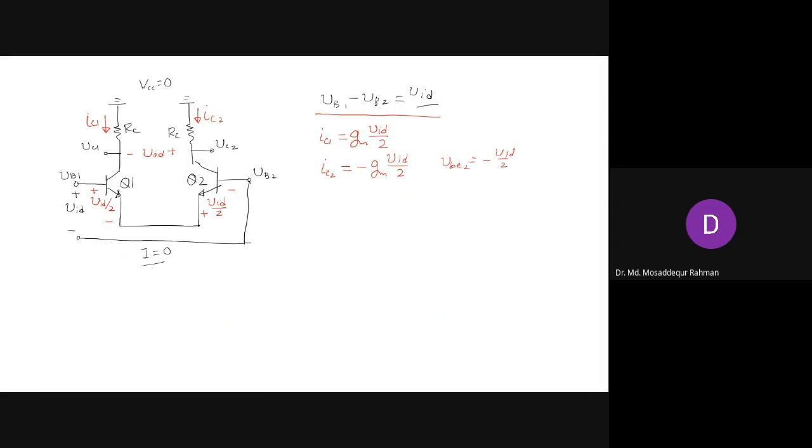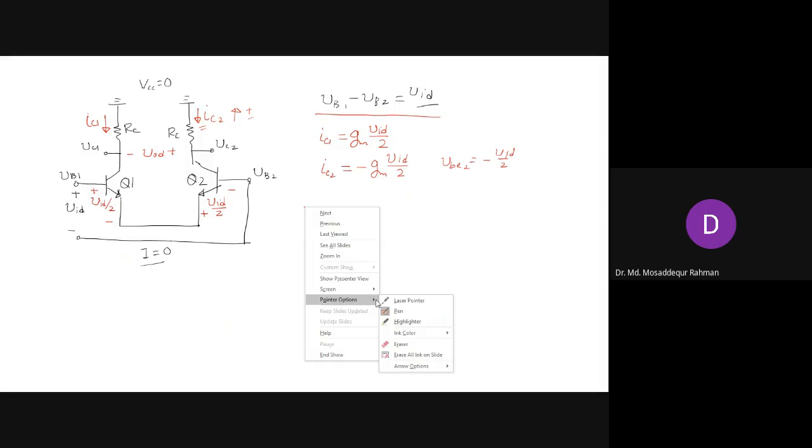Right? So basically what is happening is this current is actually flowing upward. The positive direction of current is downward, and showing negative means it's actually flowing upward. So if we change the direction here, maybe that will be easy to understand.